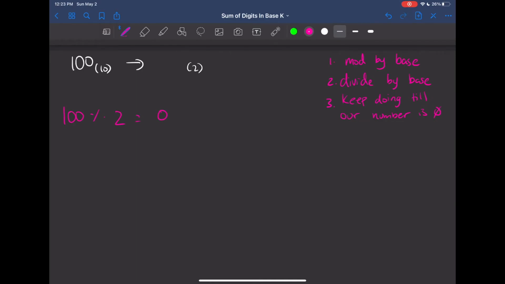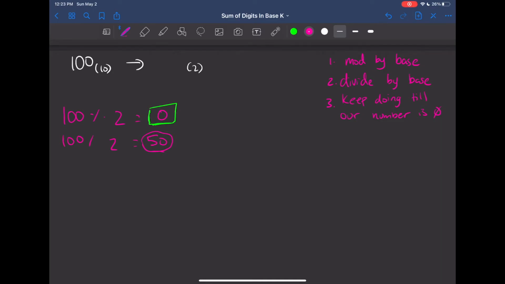The important thing I want you to keep in the back of your head is we're going to hold all of our modded numbers to the side. And now I'm going to divide 100 by our base, which is 2, and that is 50. So this is the number that we're going to mod next.